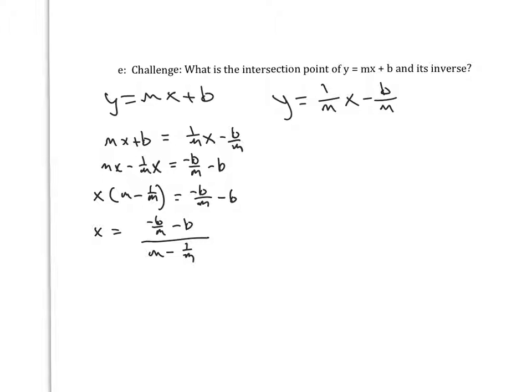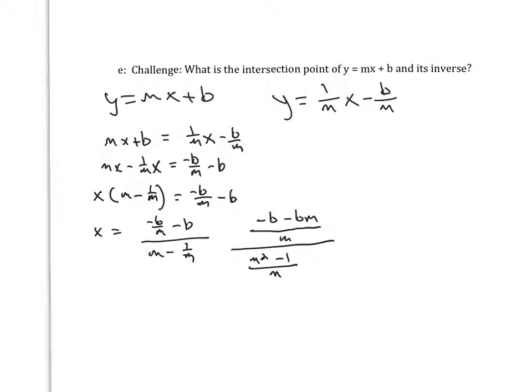All right, let's do a little work on both of these. Let's get both the numerator fractions to have the same denominator and the denominator fractions to have the same denominator. So that'll give us negative b minus b times m over m, over m squared minus 1 over m.